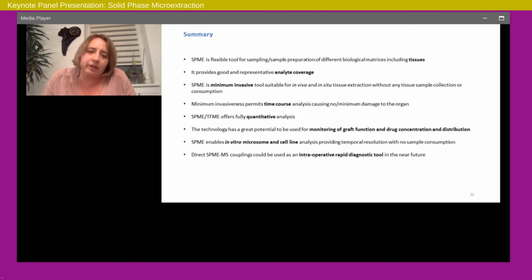Method is fully quantitative, so as I said, there is a number of calibration methods that you can use for that. And you can especially use them for different clinical but also medical research type of application.